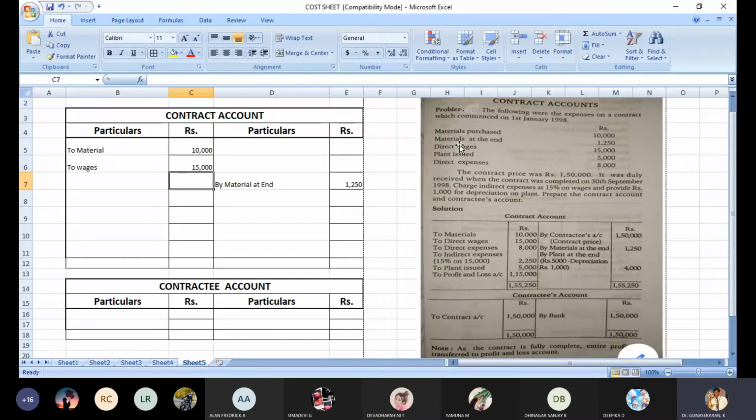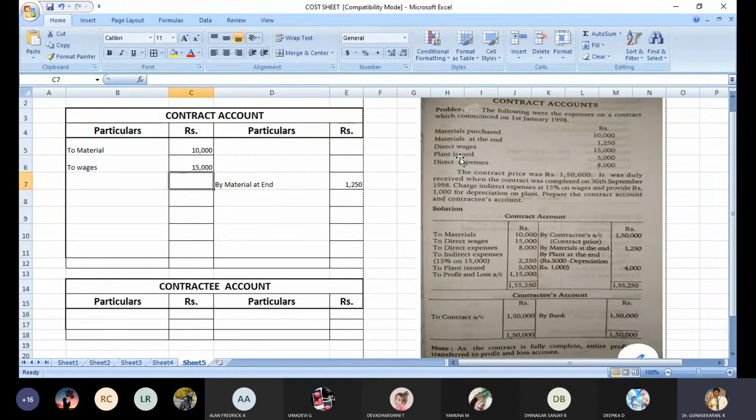Second item also entered. Next one, plant issued. Plant issued means that is one of the machines, that is one of the properties. So that value is also 5,000 cost wise. The plant issued we have to enter on the debit side in the contract account. The same value is also entered on the credit side.